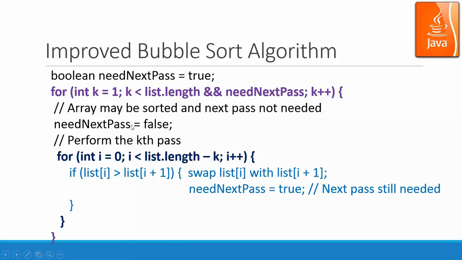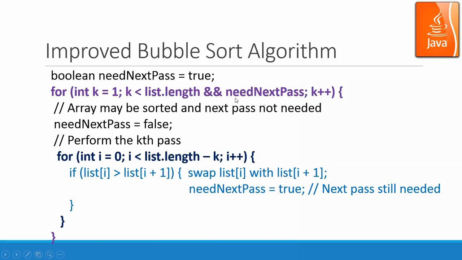This needNextPass is preset to false every time we enter a new phase, and it is set to true when a swap happens. The reason is that if you go through the whole array and there's no swapping, that means it has already been sorted. So we do not need any new pass.